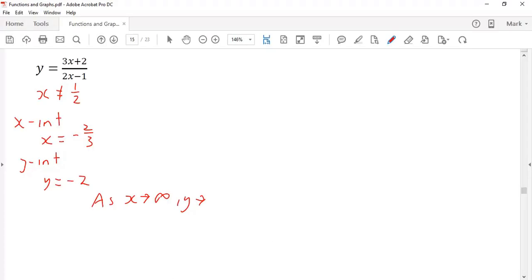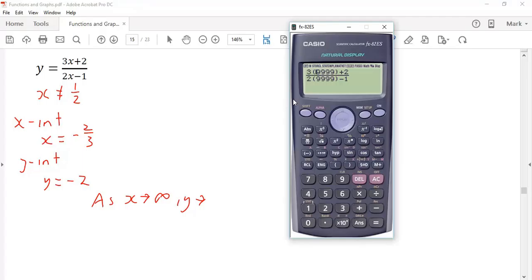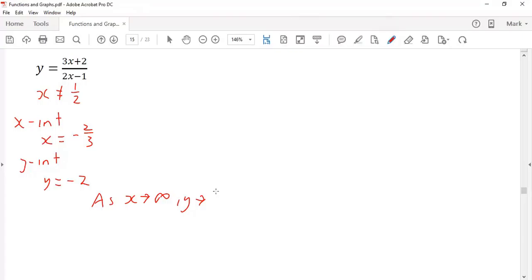So we're going to type that in our calculator: 3 times x, where I picked a really big number, 4 nines, plus 2, over 2 times 4 nines minus 1. You see that it heads towards 1.5, but it's bigger than 1.5, so it's on the positive side of it.